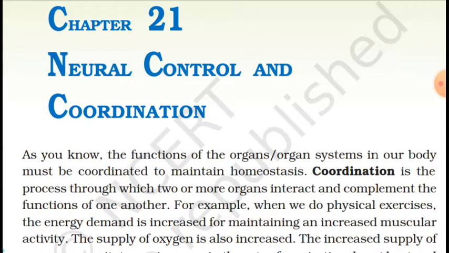As we know, in our human body various organs are arranged into organ systems. Their functions are different, and overall, the main function of these systems is to maintain homeostasis. What is homeostasis?